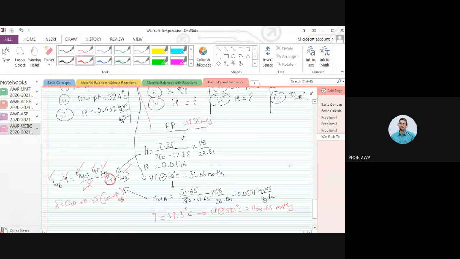Now percent RH is based on this vapor pressure, because that is the maximum amount of water vapor air can hold, as air is at a temperature of 59.3, whereas the actual partial pressure of water vapor in the air is 17.35. So percent RH would be 17.35 divided by 144.65 into 100, right? Straightforward.